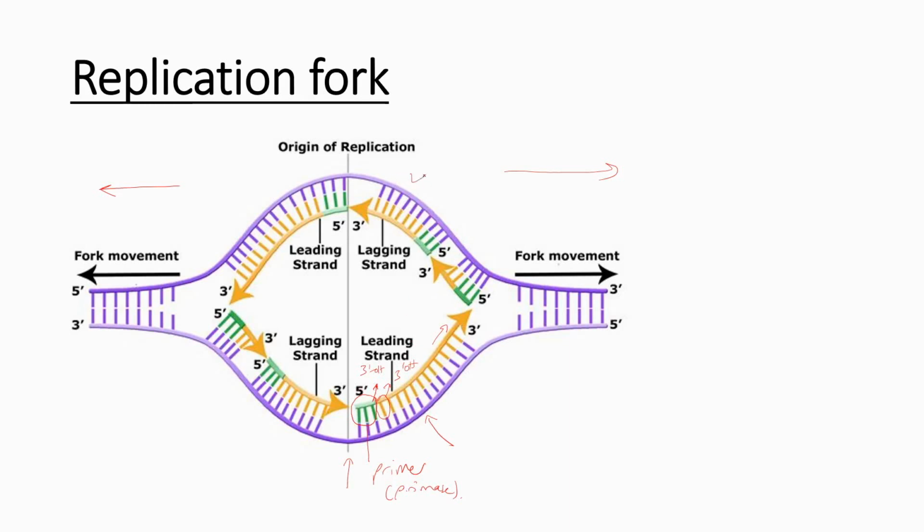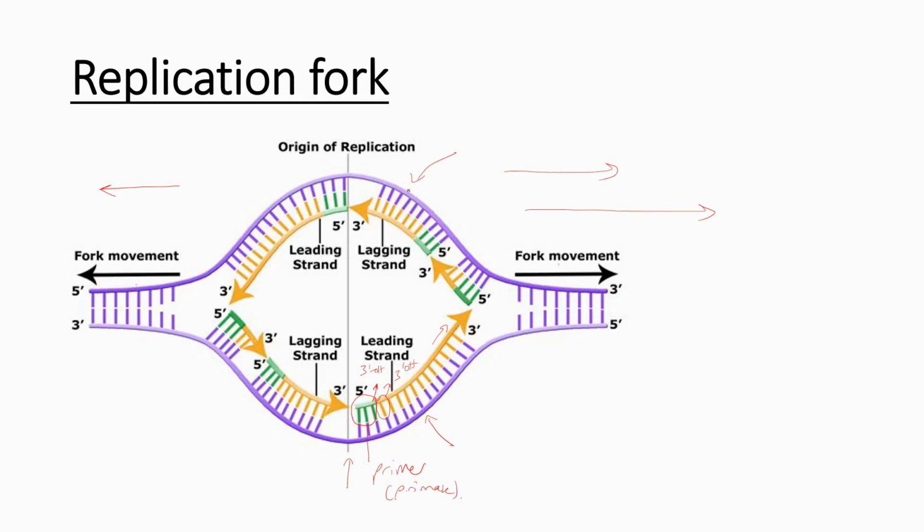At the top here is a different story. The replication fork and DNA helicase are moving this way. For the leading strand, the DNA is being synthesized in the same direction as the replication fork, and so it has no issues.